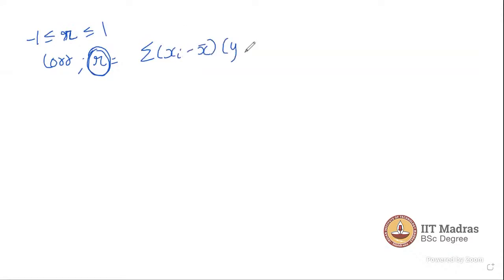Formula for correlation, by R mainly. Yeah, it is the correlation coefficient, Pearson's correlation coefficient. It always lies between -1 and 1. And the formula is this.